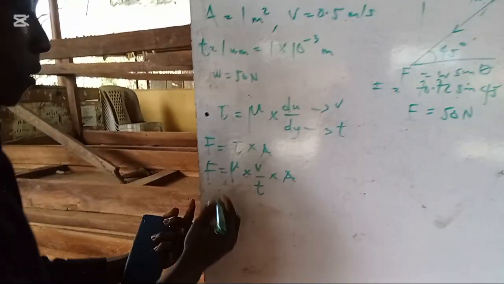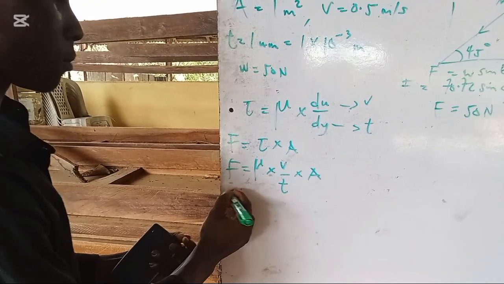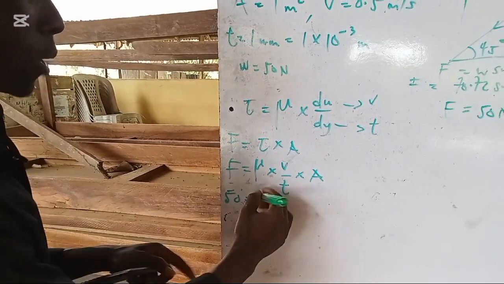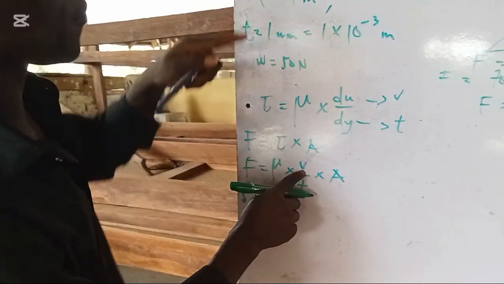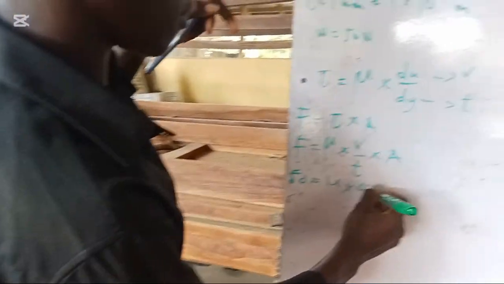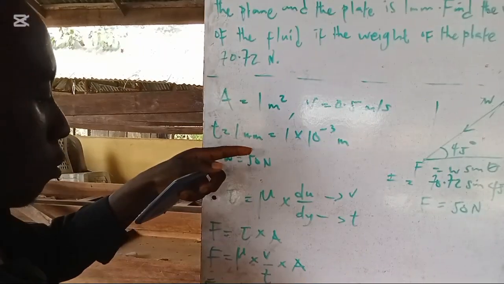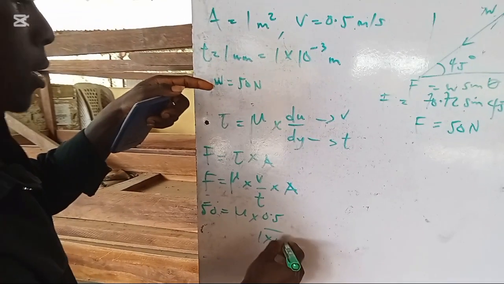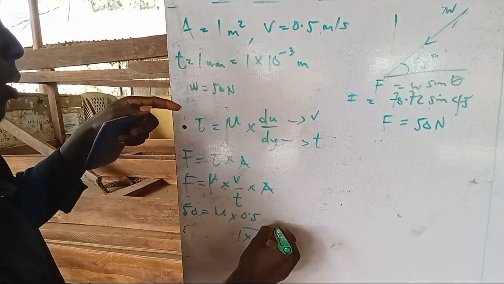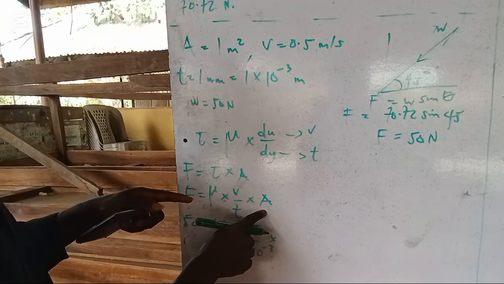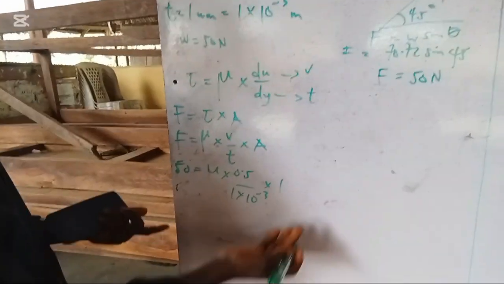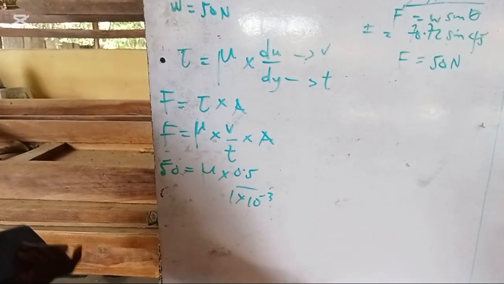So bring that force here: 50 is equal to, this is what I'm looking for, the viscosity, multiplied by V, which is 0.5, divided by T, which is 1 times 10 raised to the power minus 3, then multiplied by our A, which is 1. Multiplying by 1 is still the same.